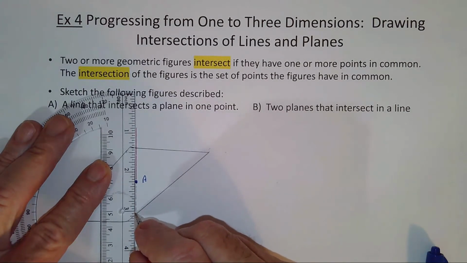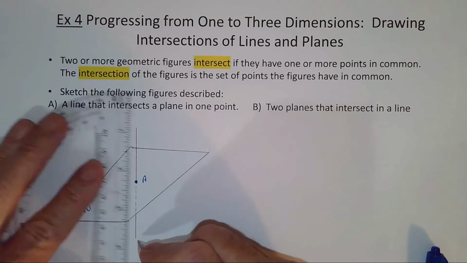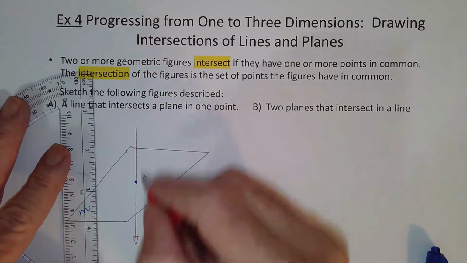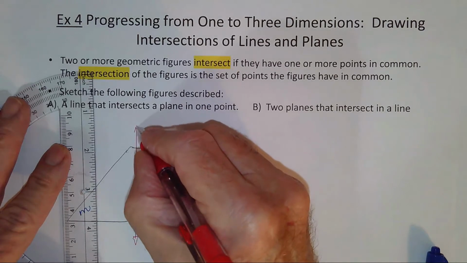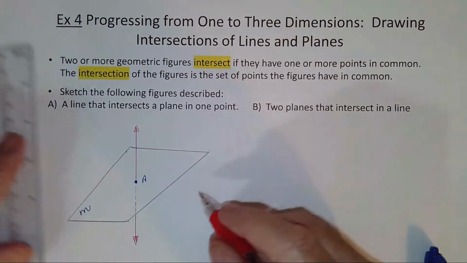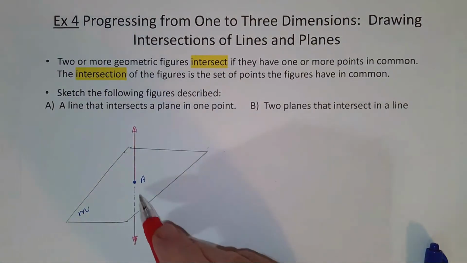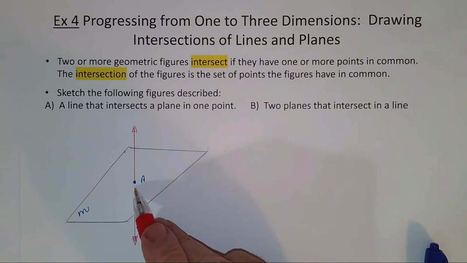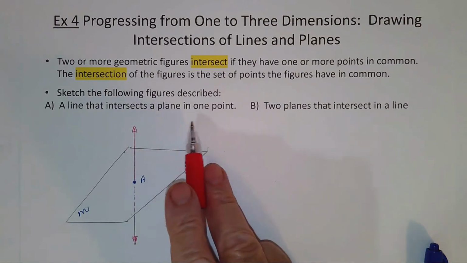You can't see it, but it continues on down here. This is a line, so I'm going to put arrows on each end, and we could call this line A, but the point is that it intersects at exactly one point, and that's what they want.